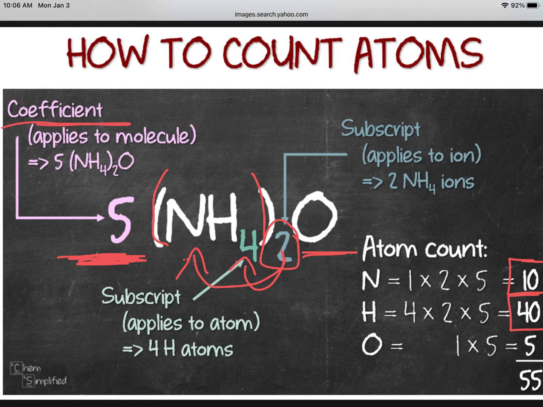Just 1 in the compound, right? But because of this coefficient, that 5 times that 1 is going to give me a total of 5 oxygen for this compound. We see that? And that's only when you have the coefficient up front. And you're going to be having that with the chemical reactions. Any questions?